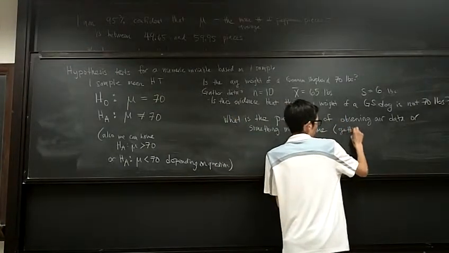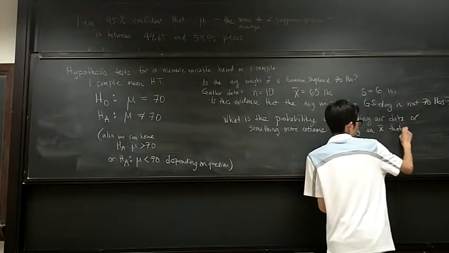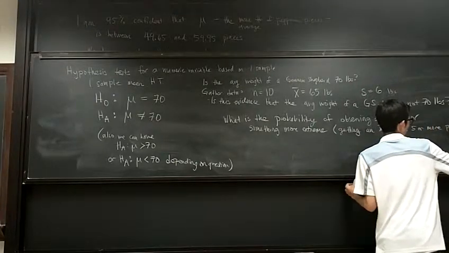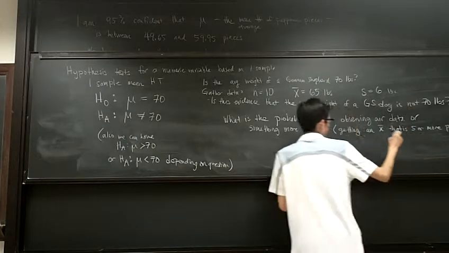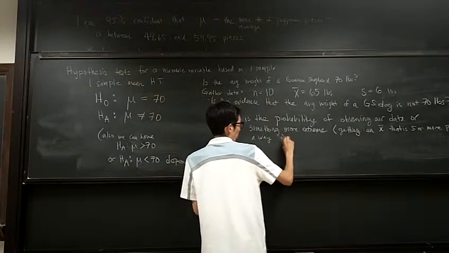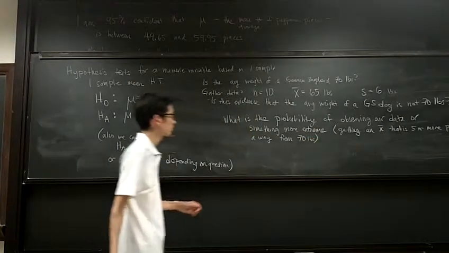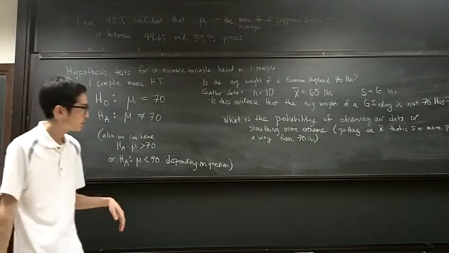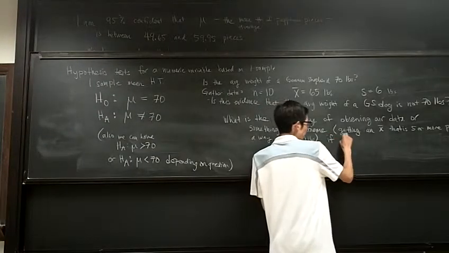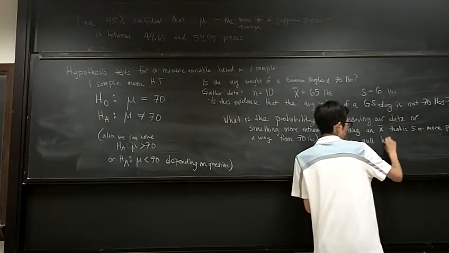Getting an X bar that is 5 or more pounds away from 70. So what's the probability of observing our data or something more extreme if the null hypothesis were true?